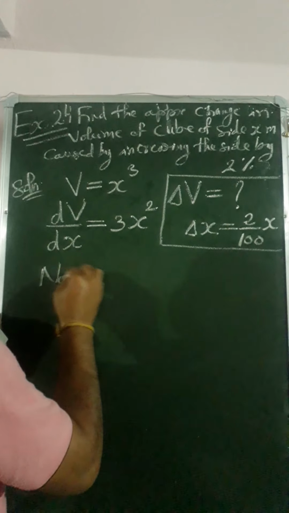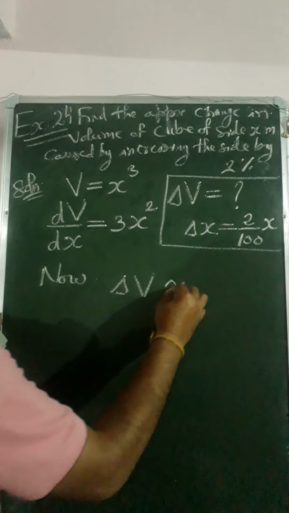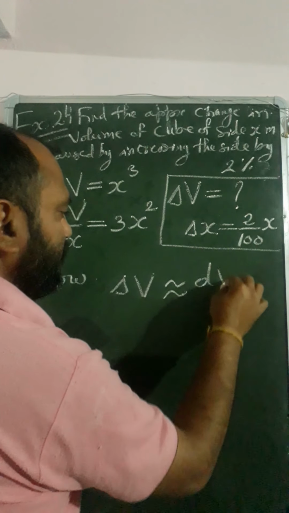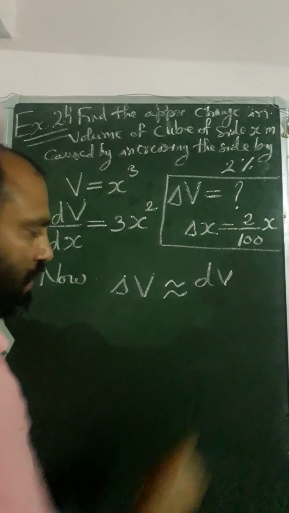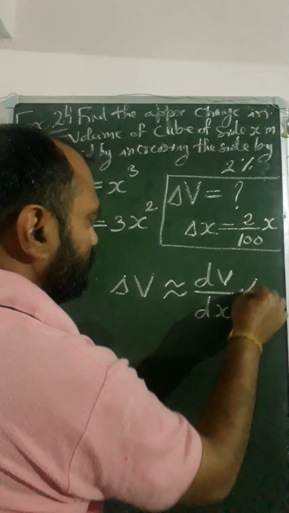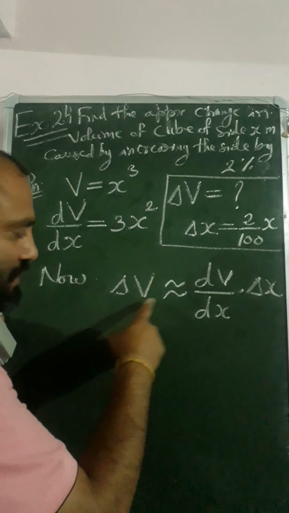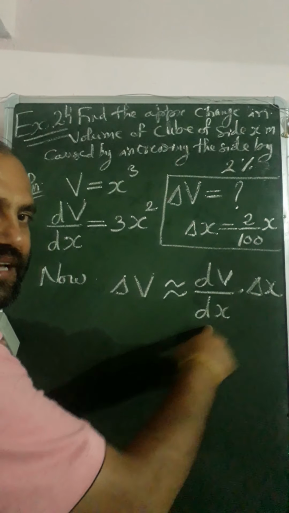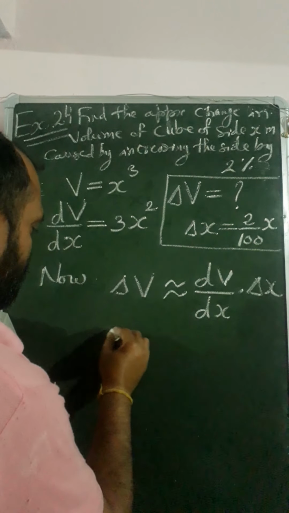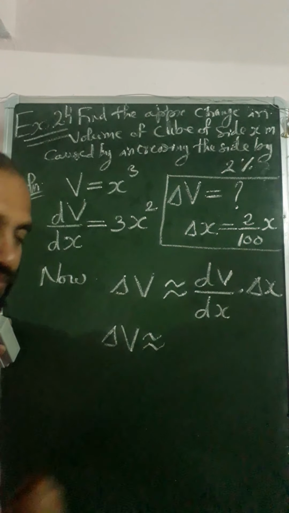Now as we know, delta V is approximately equal to dV. Now multiplying and dividing it by dx, you can write delta V as equivalent to dV over dx into delta x. Now you have to find the approximate value of delta V here.